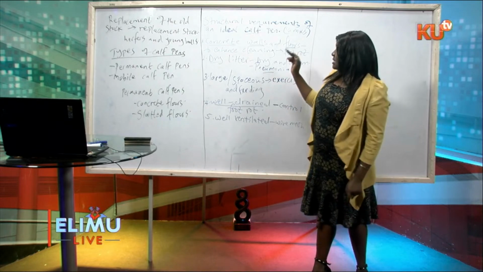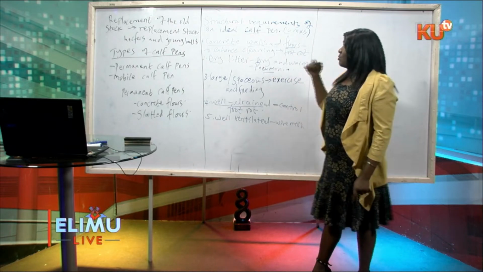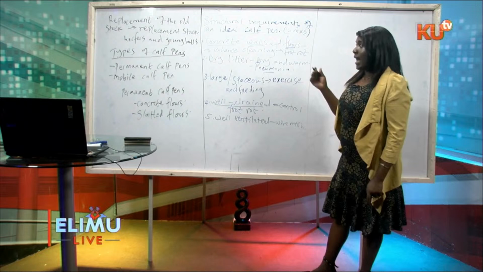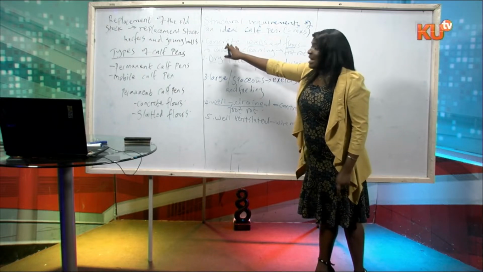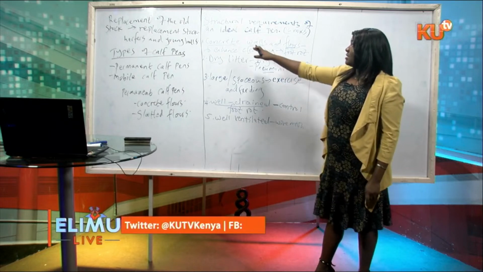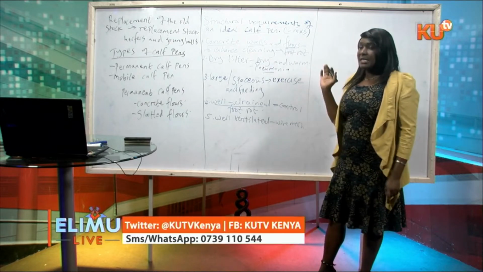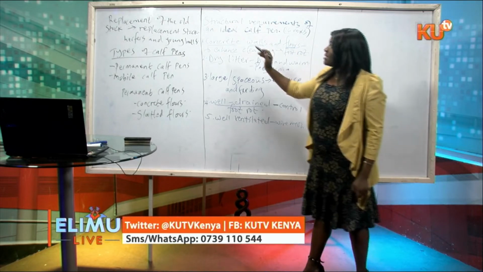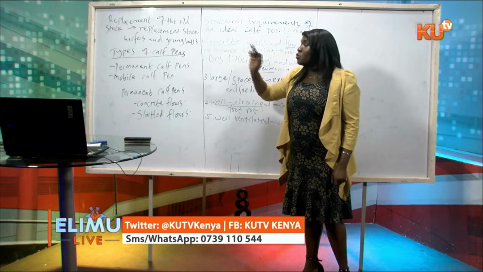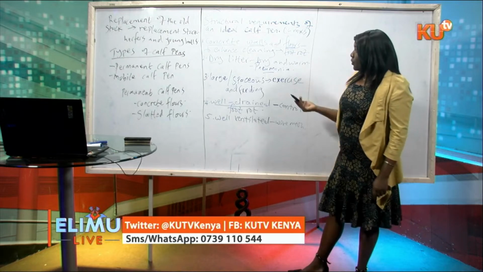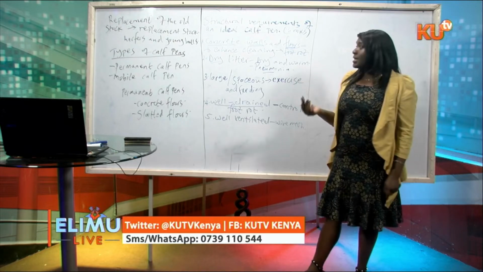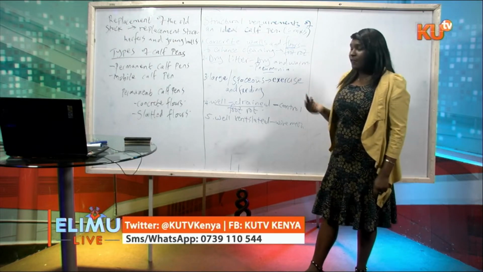I said we are going to highlight the mistakes that most students make when answering this question. The majority maybe just state concrete walls and floors and they proceed. This particular question requires 2 parts. There's the part on the concrete walls, and then you proceed and tell us why we need the concrete walls and floors.